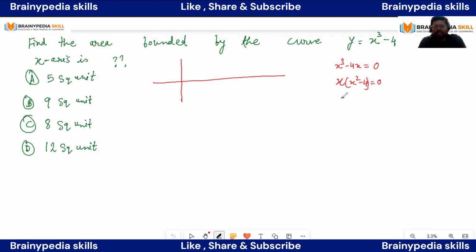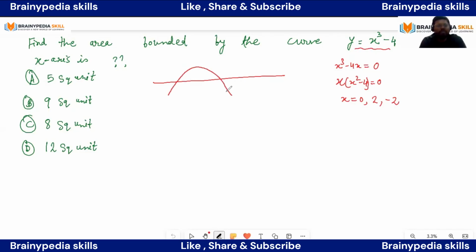So the zeros should be 0, 2, minus 2, isn't it? I am just concerned about the x-axis and this curve y equals x cube minus 4x. Okay.